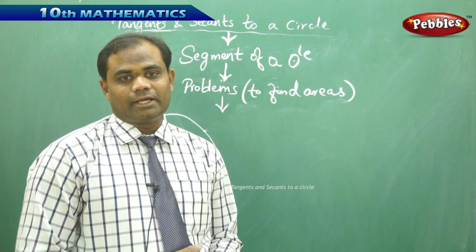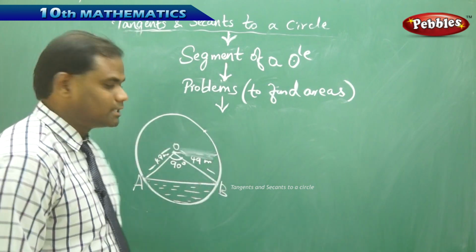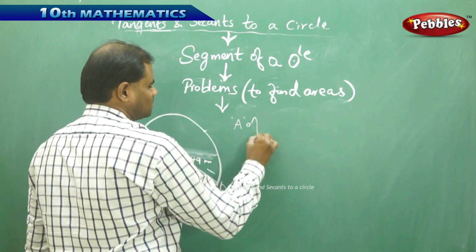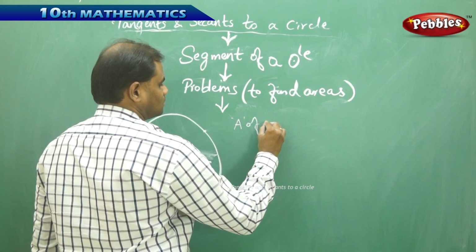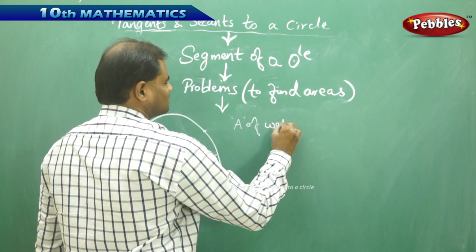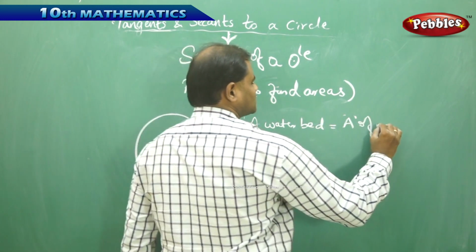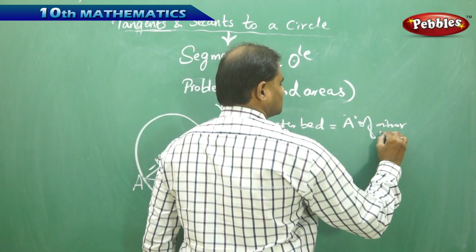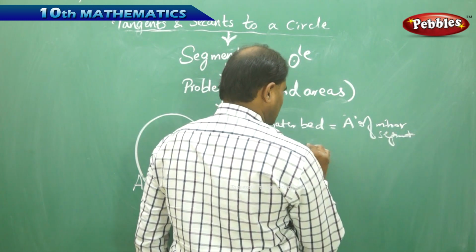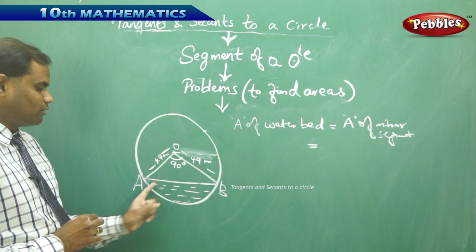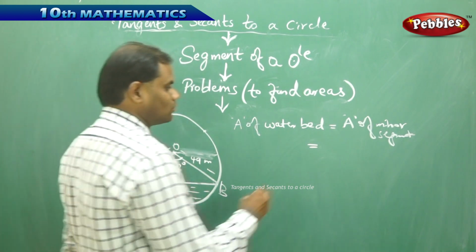Now let's find the area of the minor segment, which is the area of the waterbed. The minor segment is nothing but area of sector minus area of triangle OAB.